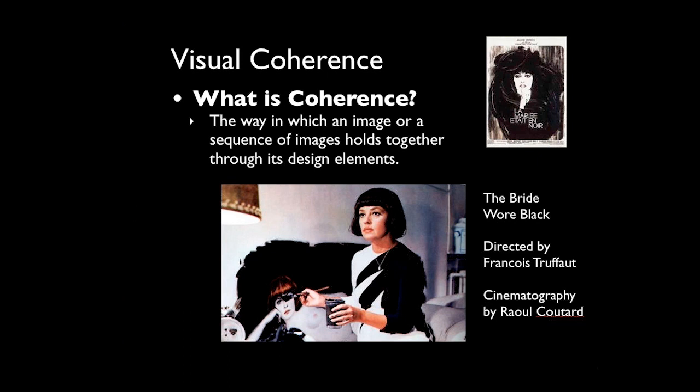That is very much in line with the idea of visual coherence. Now, the other thing at play here is also visual contrast. So there's contrast and affinity at work at the same time.